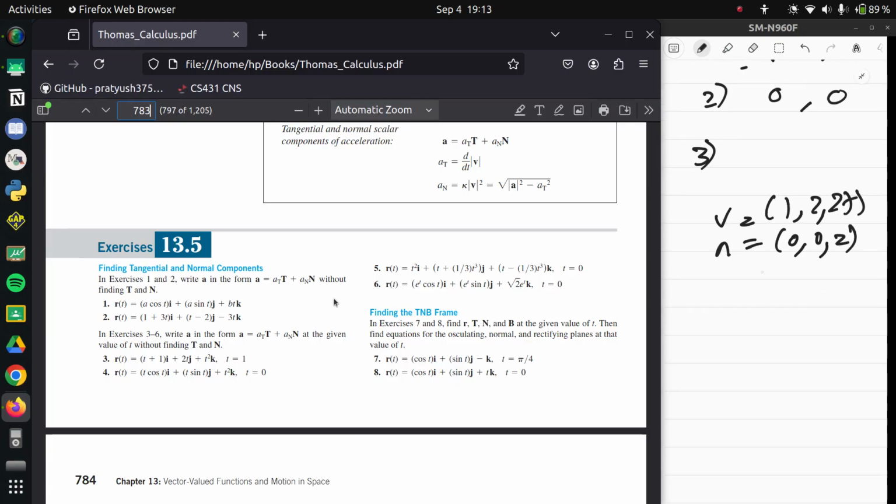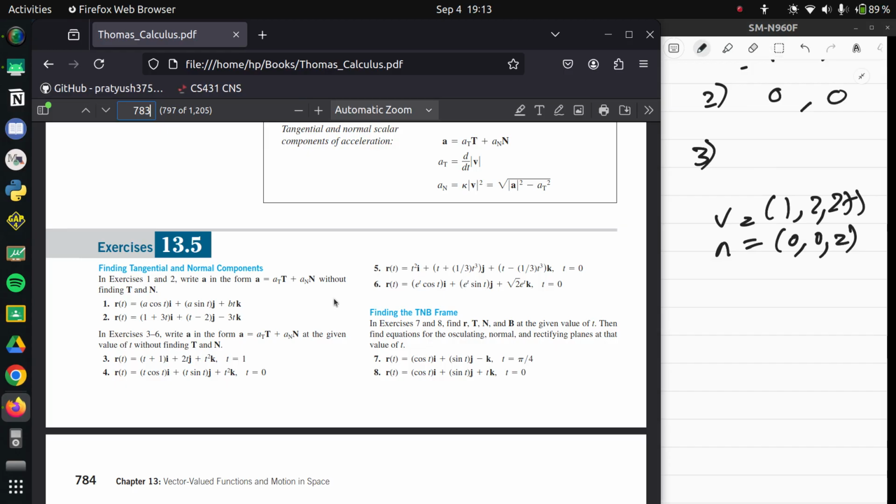Take a dot product, what do you get? a dot v is equal to a tangential times the magnitude of v. So essentially you are finding the tangential, that's pretty much the only way to do it.